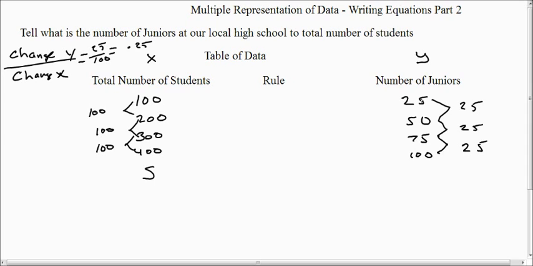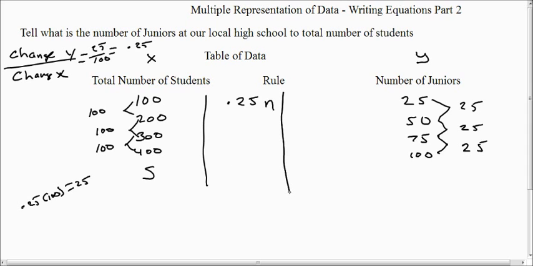I want to show you this two ways, because there are two ways we can attack this. First thing we can do is say 0.25n. What this will give us is 0.25 times 100, and when you multiply that, you will get 25. And you can keep going with this rule. I'm going to put a line here, because there are definitely two ways that we could solve that.